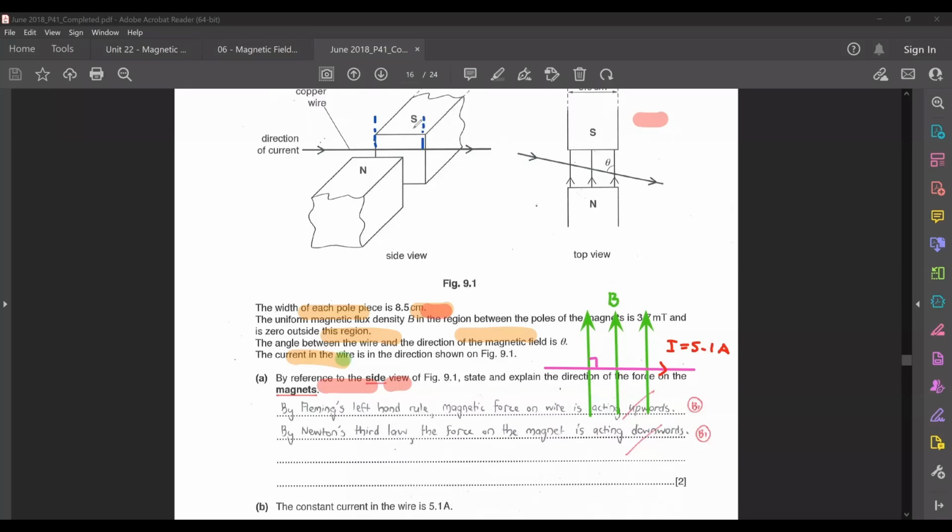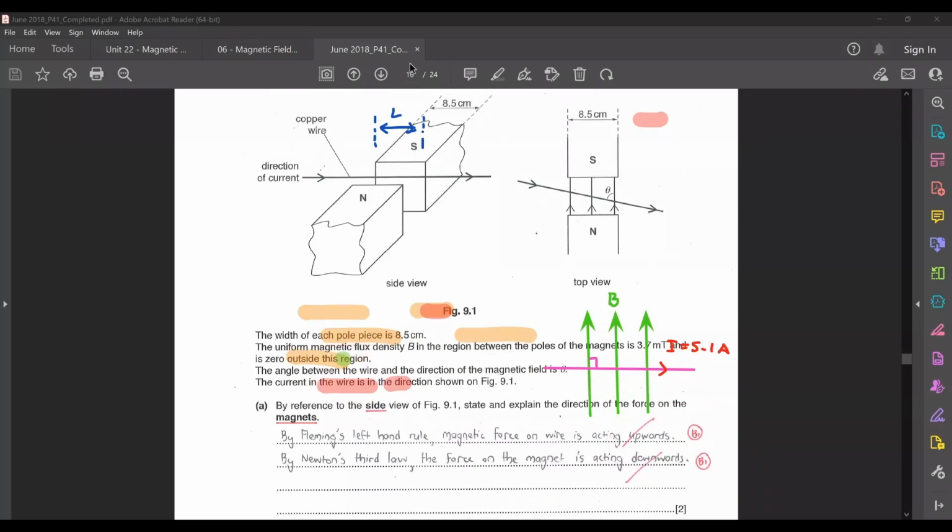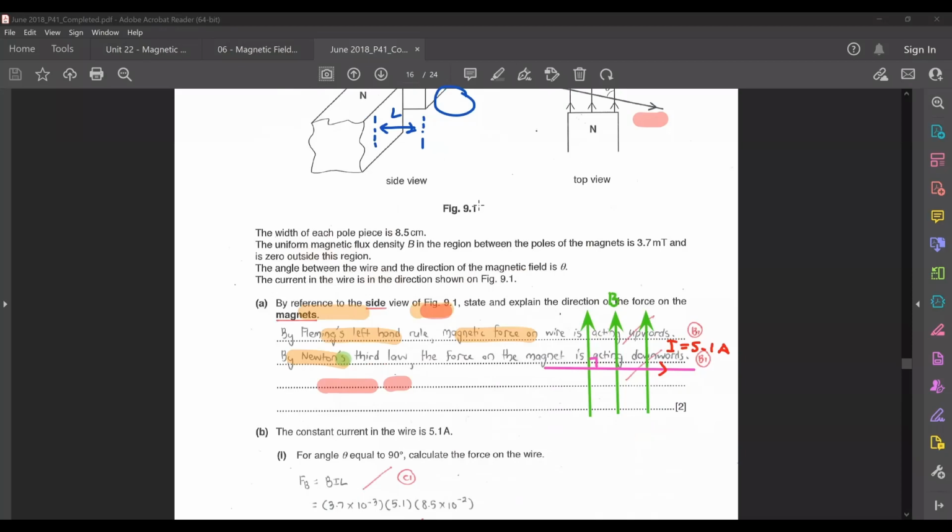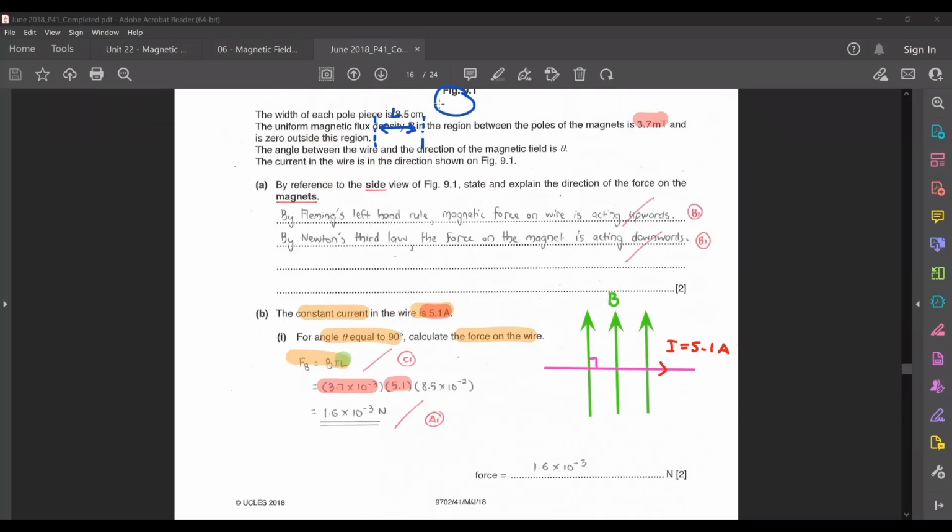This is the length that is inside the magnetic field and is actually the width of your pole piece. It will be 8.5 centimeter. So you just put in the value of 8.5 centimeter. Remember to change it out from centimeter. You will get your final answer as 1.6 times 10 power minus 3 Newton. Okay.